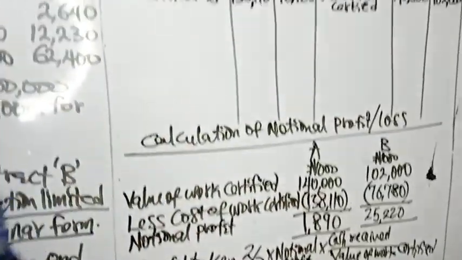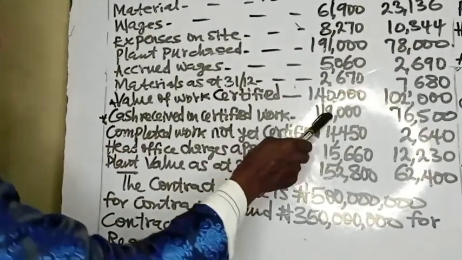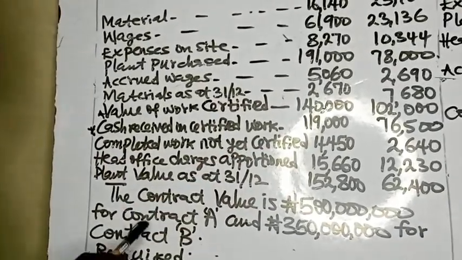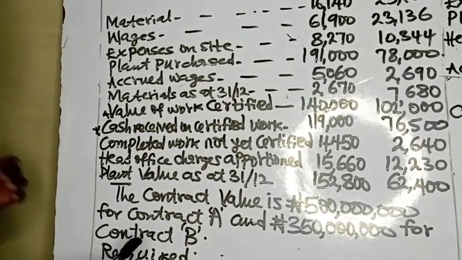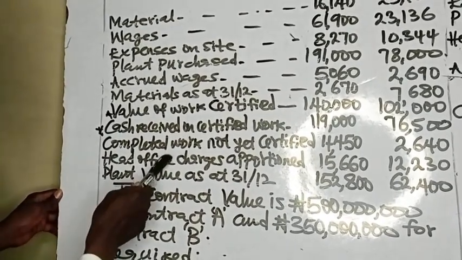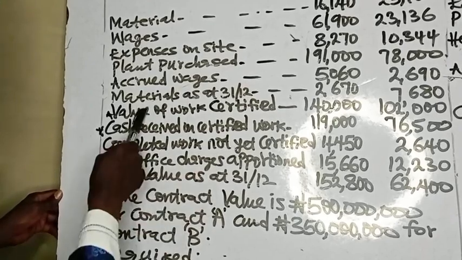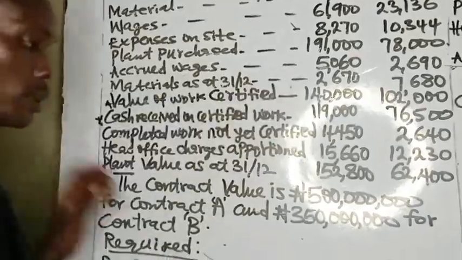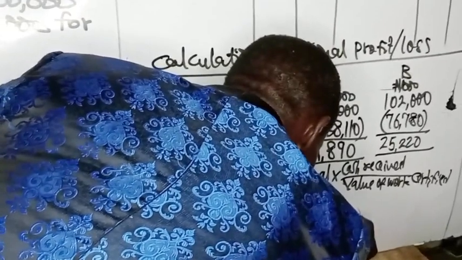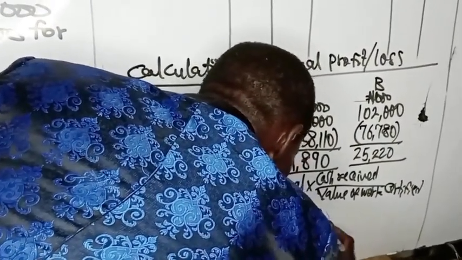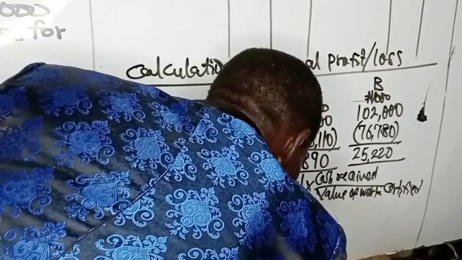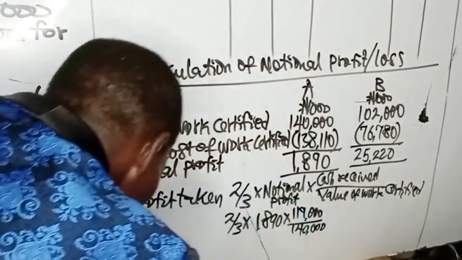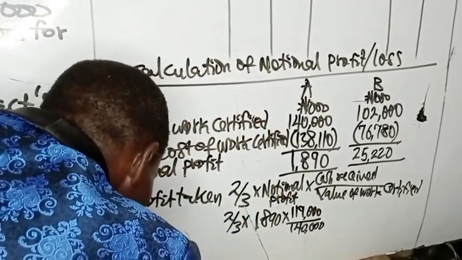Back to the question, the cash received is 119,000. Value of work certified is 140,000. So you have 119,000 over 140,000.